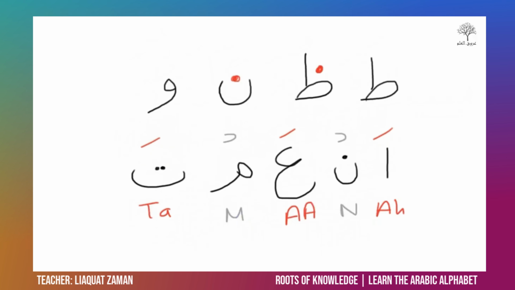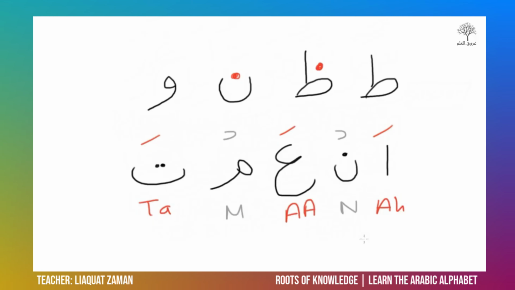Ta. You join the ayn and the noon together, and it becomes an. You join the ayn and the meem together, which becomes am. Pronounce it with me. And the ta, you pronounce it with the fatha. Ta. So it becomes an, am, ta.